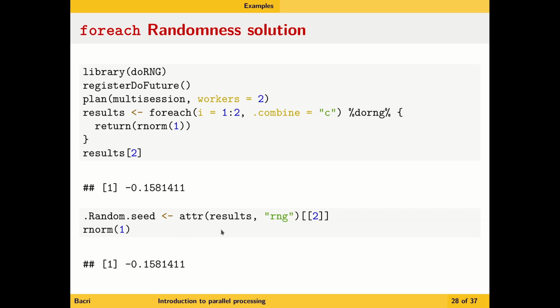If I set the random seed using the RNG attribute of the result object that I got, and generate the random number again, I get the same. So this is a way to set the randomness to reproduce results later. You do not have to do this if you don't need to, but it is nice to remember that if you use doRNG, you can retrieve the random seed and reset it and make it work later.